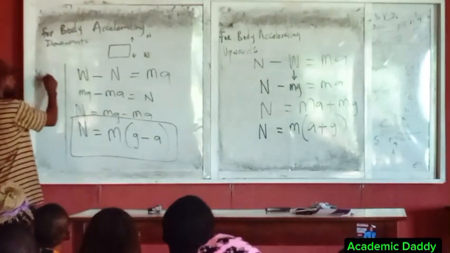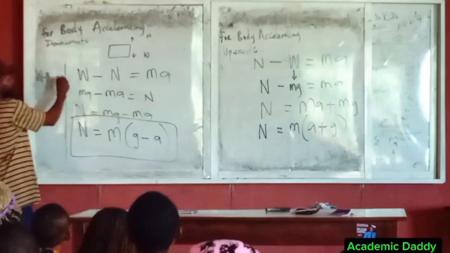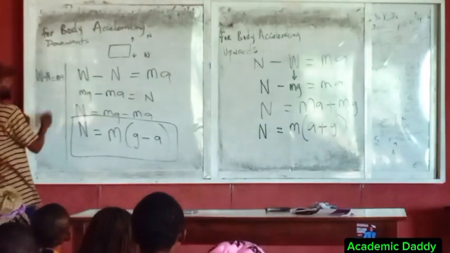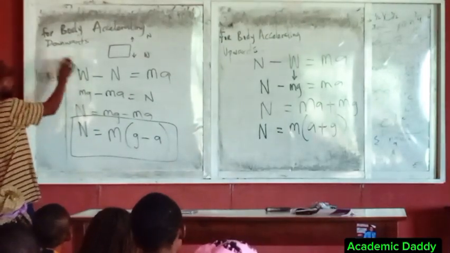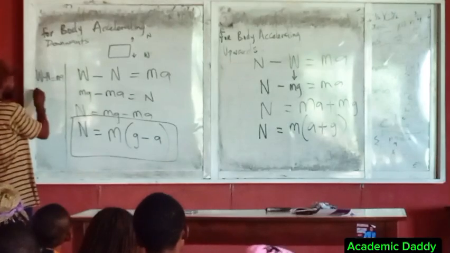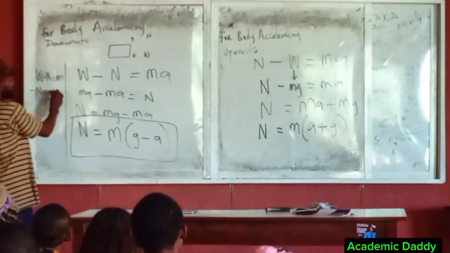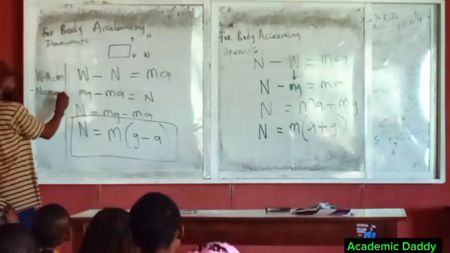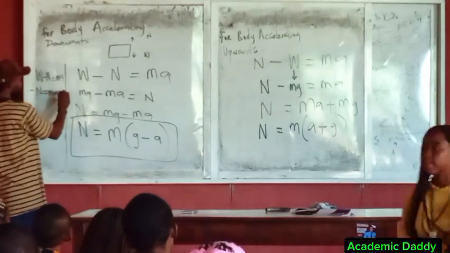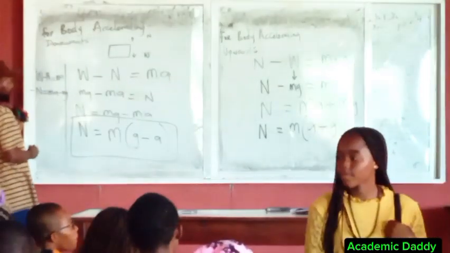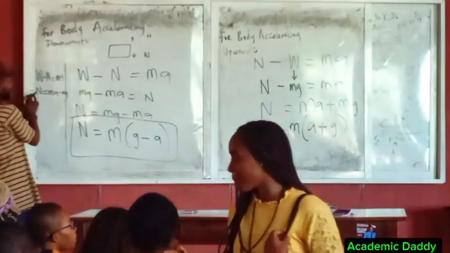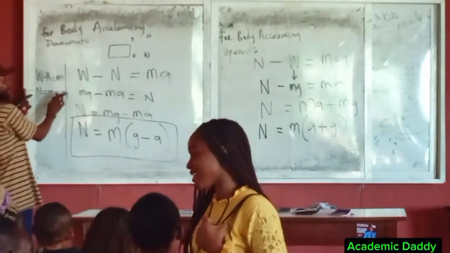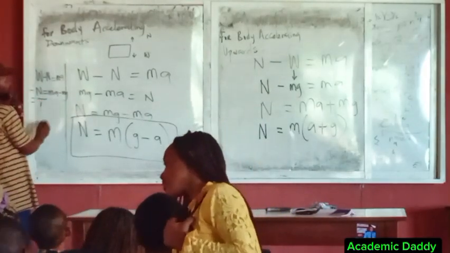W minus N equals MA. Your own way will be that if this crosses the equal sign, you have minus N equals MA minus MG. Notice that because I have minus here, I will divide both sides by minus 1.